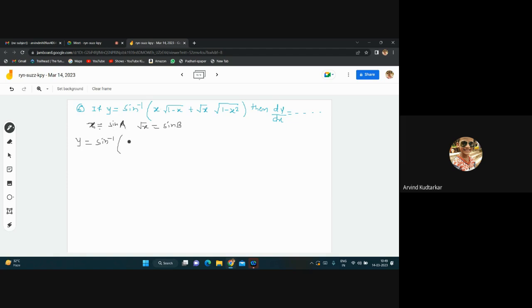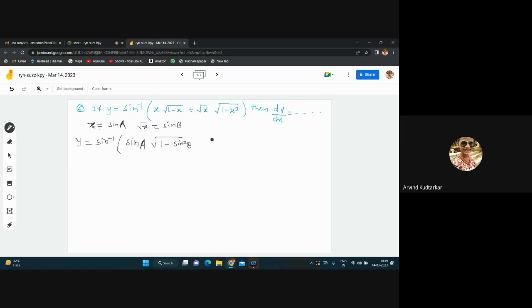The value of x is sine A, as you substituted, and the value of root of x is sine B. So x means root of x whole square, that is 1 minus sin square B. Are you clear here? So root of x whole square means sin square B, so 1 minus sin square B is there.